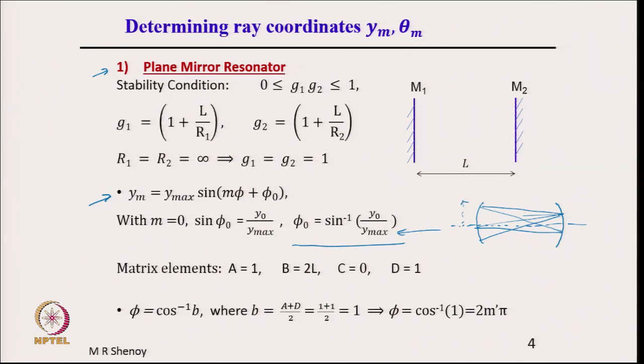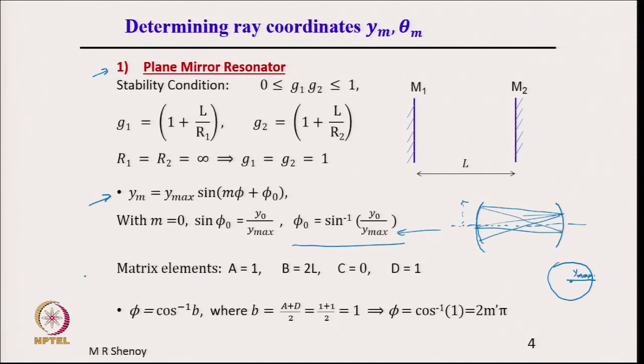If I show the front view, the spherical mirror is like this, then the radius of the mirror is the maximum displacement that you can have. Therefore, this can be assumed as y_max, and y_0 is the starting point, and therefore phi_0 = sin inverse of y_0 by y_max. With m = 0, sin phi_0 = y_0 by y_max.